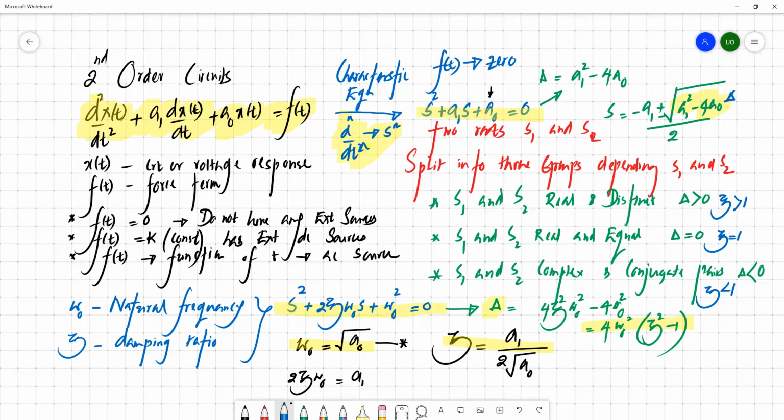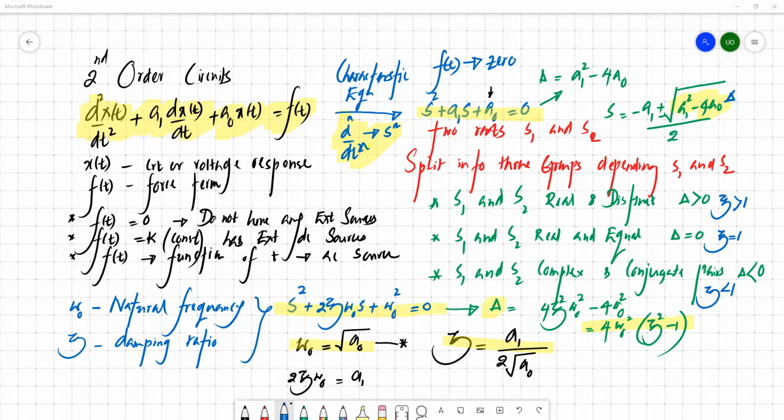Okay. So if the damping ratio is greater than 1, it has two real distinct roots.